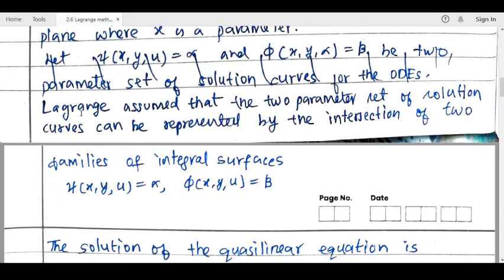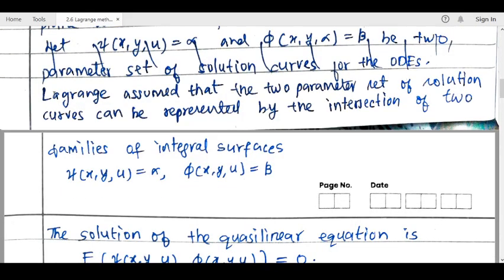Now Lagrange assumed that the two parameter set of solution curves can be represented by the intersection of two families of integral surfaces. That is, as I told earlier, curves can be considered as an intersection of two integral surfaces. So he assumed that the solution of the above ODE can be represented by the intersection of two surfaces, and the surfaces are psi(x,y,u) equal to alpha, phi(x,y,u) equal to beta.